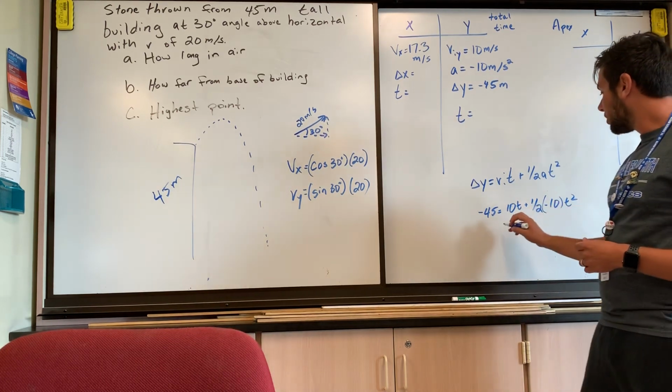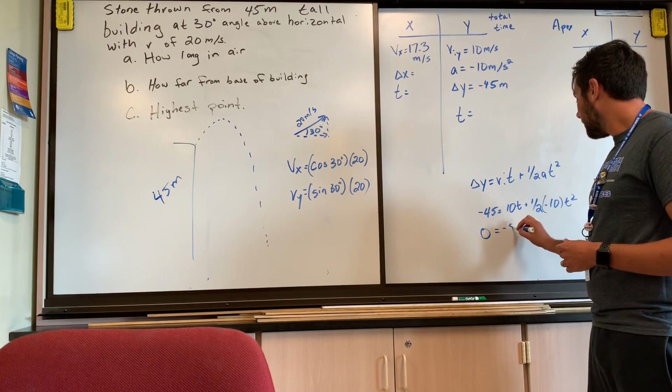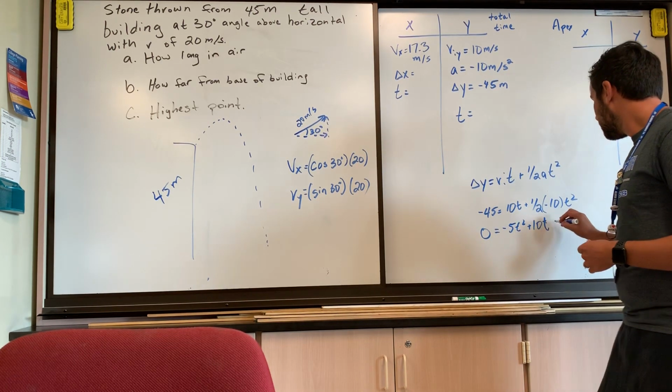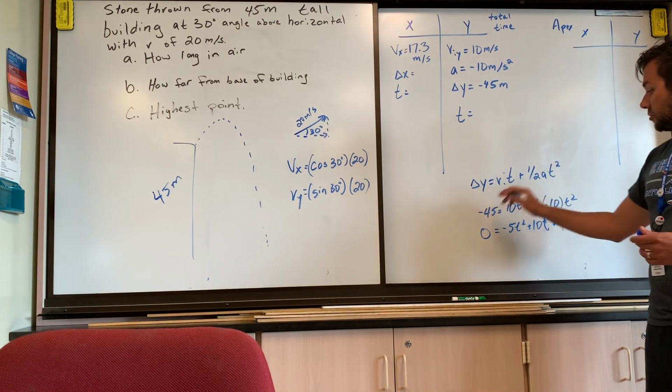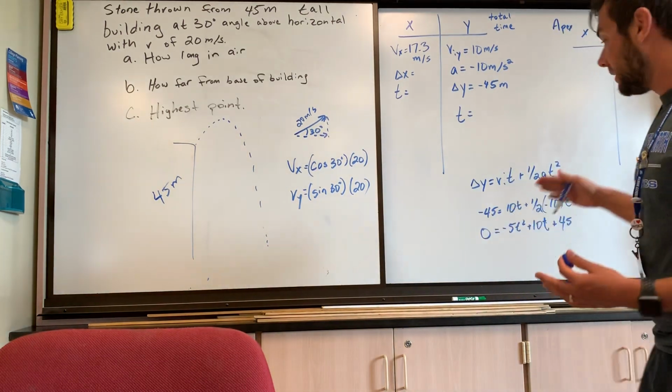If I turn that into a quadratic function, I get 0 equals negative 5t squared plus 10t plus 45. Then I can use the quadratic equation, and I'll end up with my time value there.